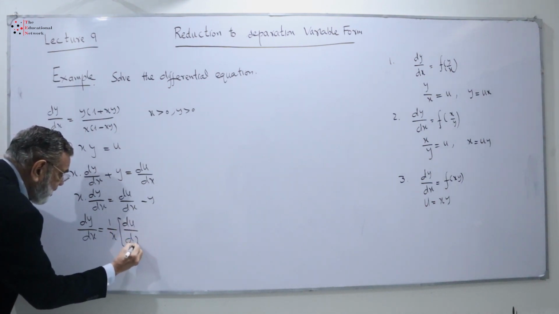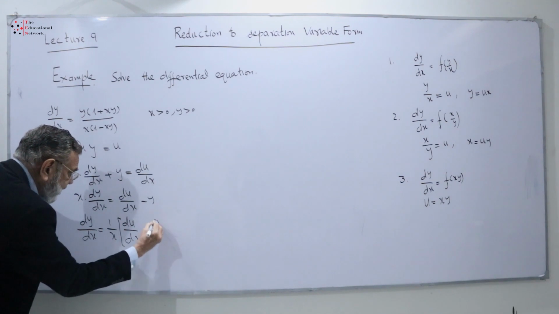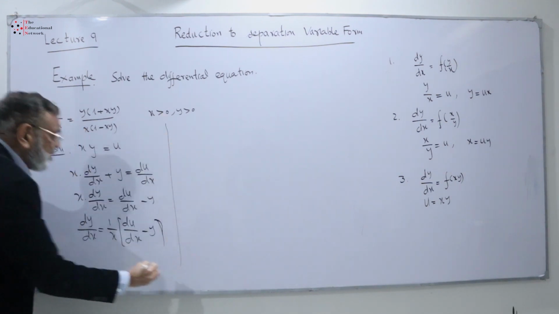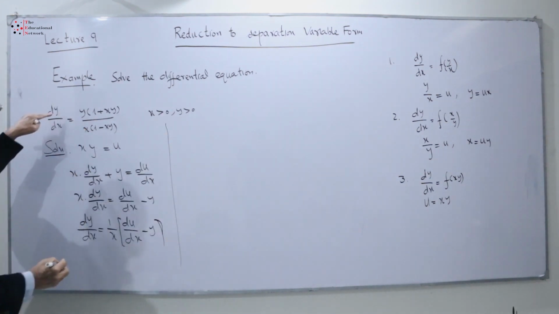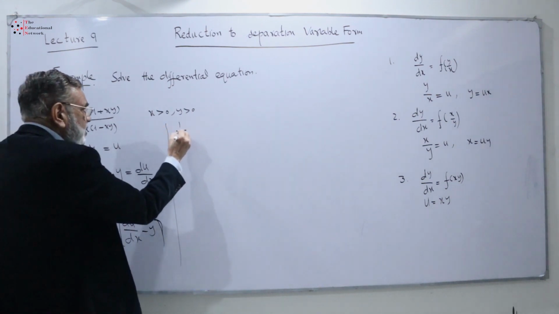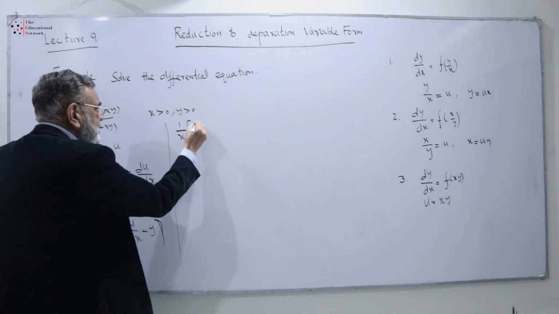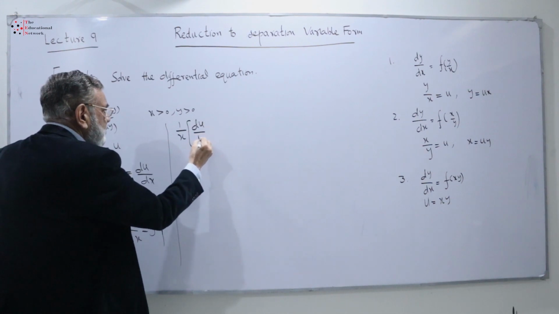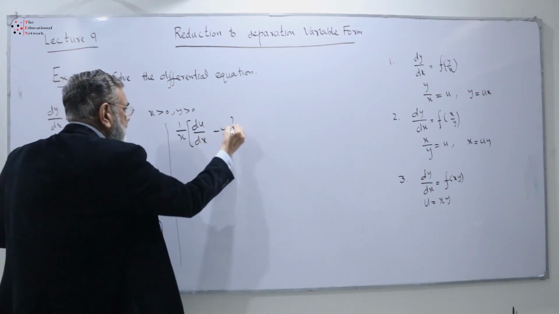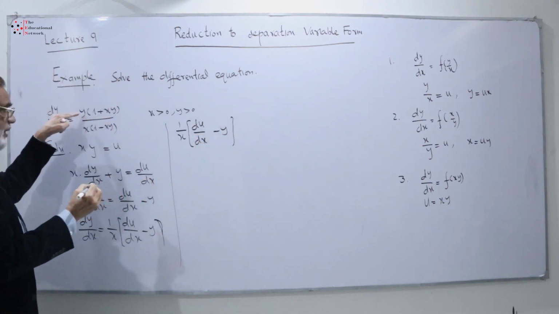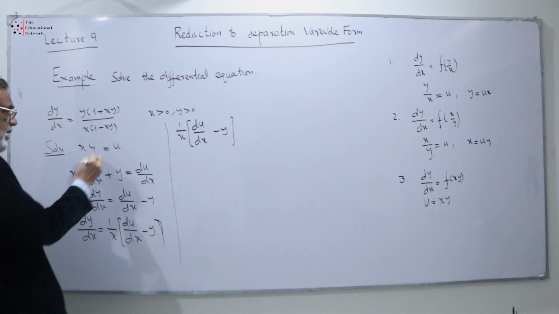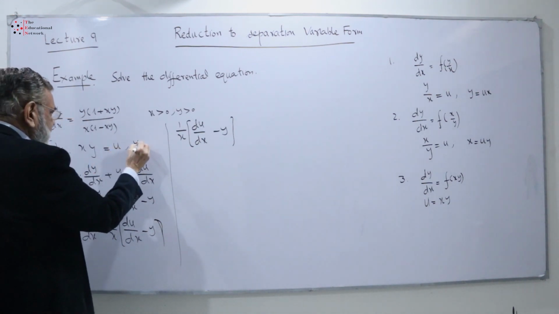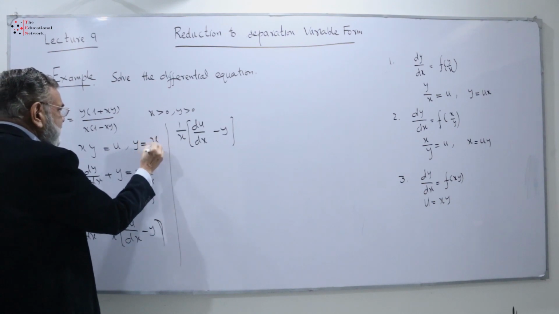Now we substitute this in our differential equation and reformulate it. When I substitute, I get 1 upon x into (du by dx minus y) equal to y times (1 plus u) over x times (1 minus u). What is my y? My y is equal to u upon x.